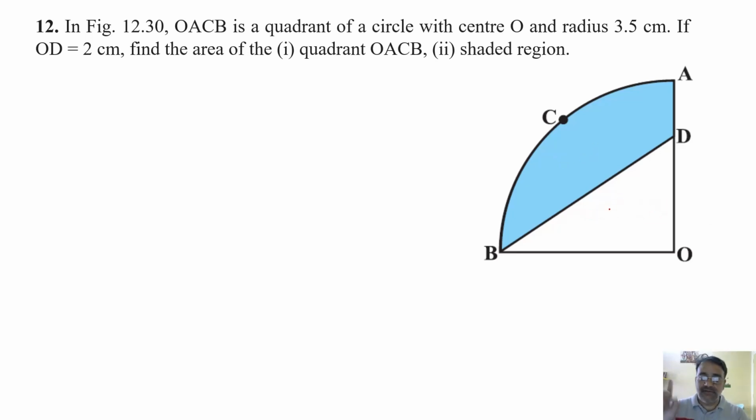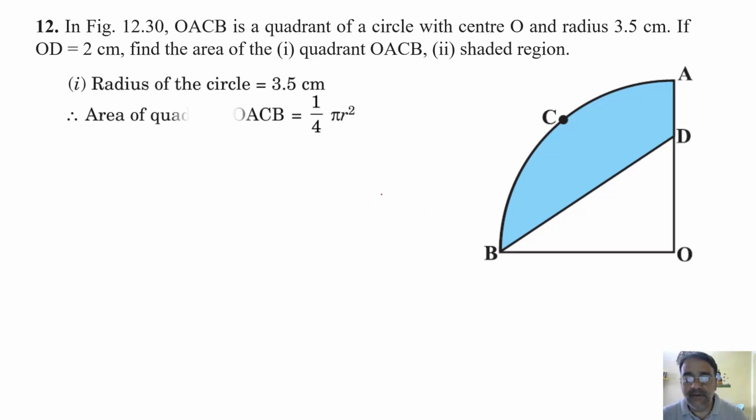So first of all, radius of the circle is 3.5 centimeter. We can write 7 by 2 also. So area of quadrant will be equal to 1 by 4 pi r square, and the value of pi is 22 by 7, and radius is 3.5, or you can write 7 by 2 also. Okay, if we write 7 by 2, the calculation will be easier.